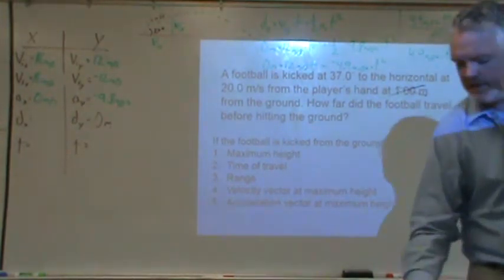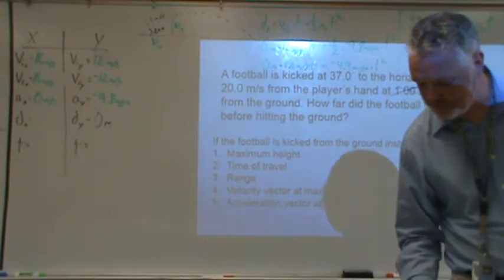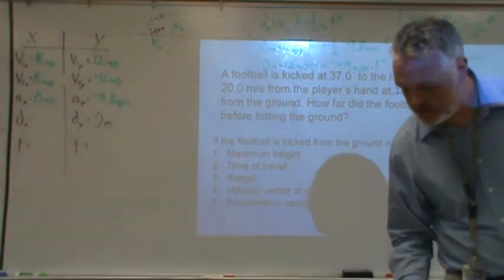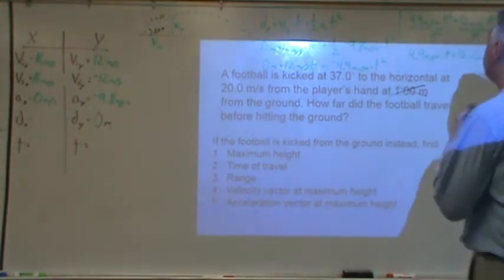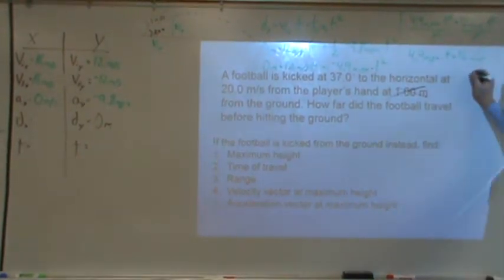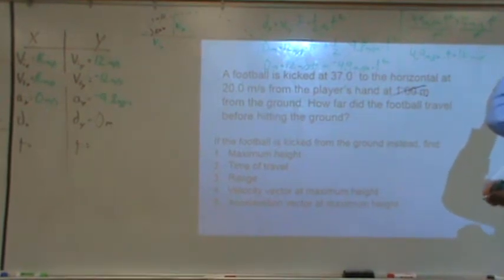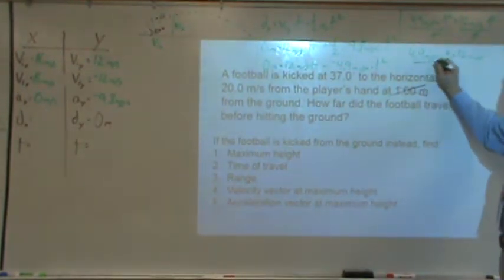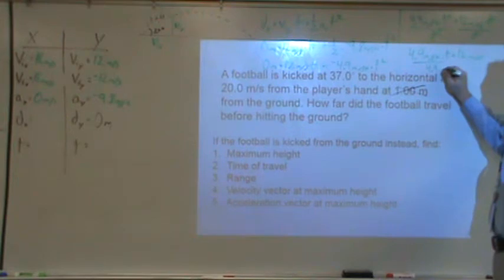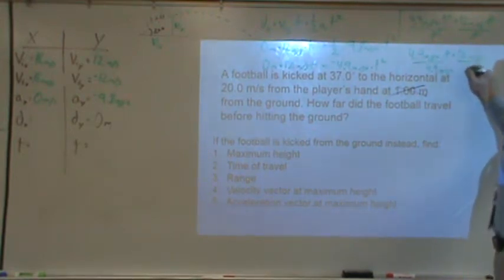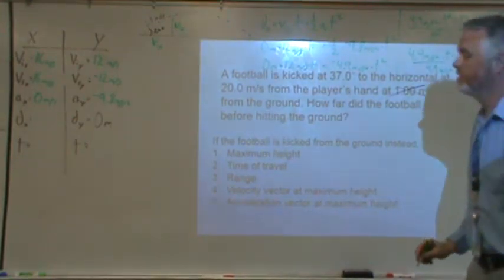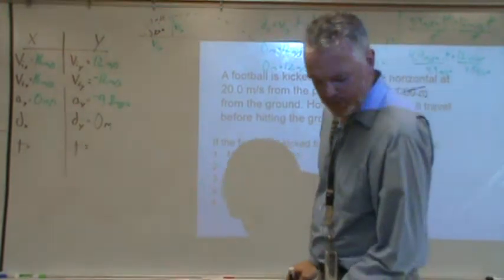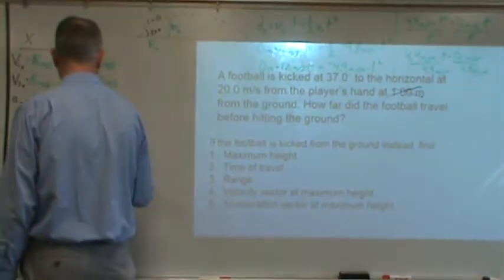I can divide 12 divided by 4.9 gives me 2.45 seconds. All right? So when I divide each side by 4.9, my meters cancel out, one of my seconds cancel out, leaves me in seconds. All right, 2.45 seconds.